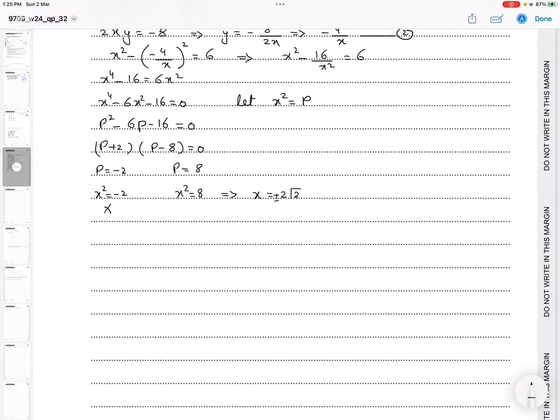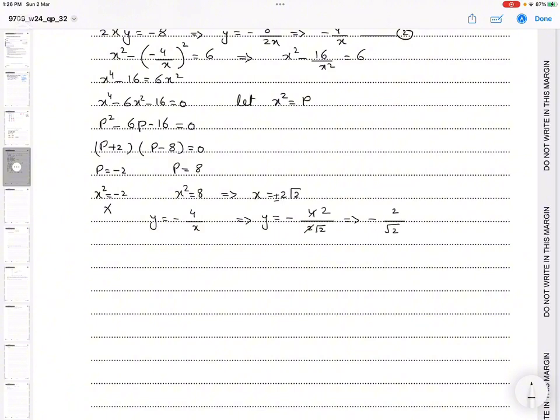Now from equation 2, we can also find the value of y. So y is equal to minus 4 over x. So y is equal to minus 4 over, first you place a positive 2 root 2, and you get negative 2 times root 2 over root 2.